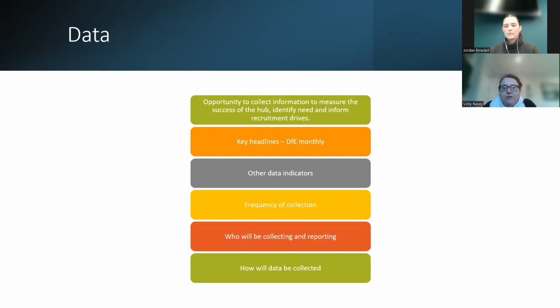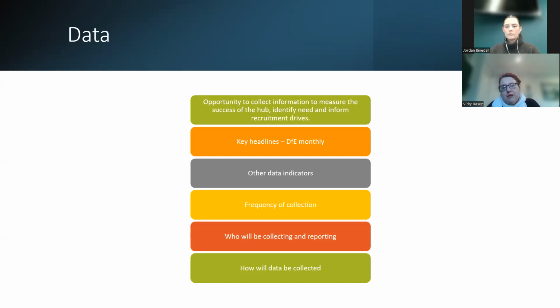The first will be obviously to measure the success of the hub, to make sure that our numbers of referrals are increasing, that we are offering an equitable share to all local authorities, that no local authorities are losing out. So we've got those baseline figures. We need to make sure that we're increasing. We don't want any local authority to lose out.